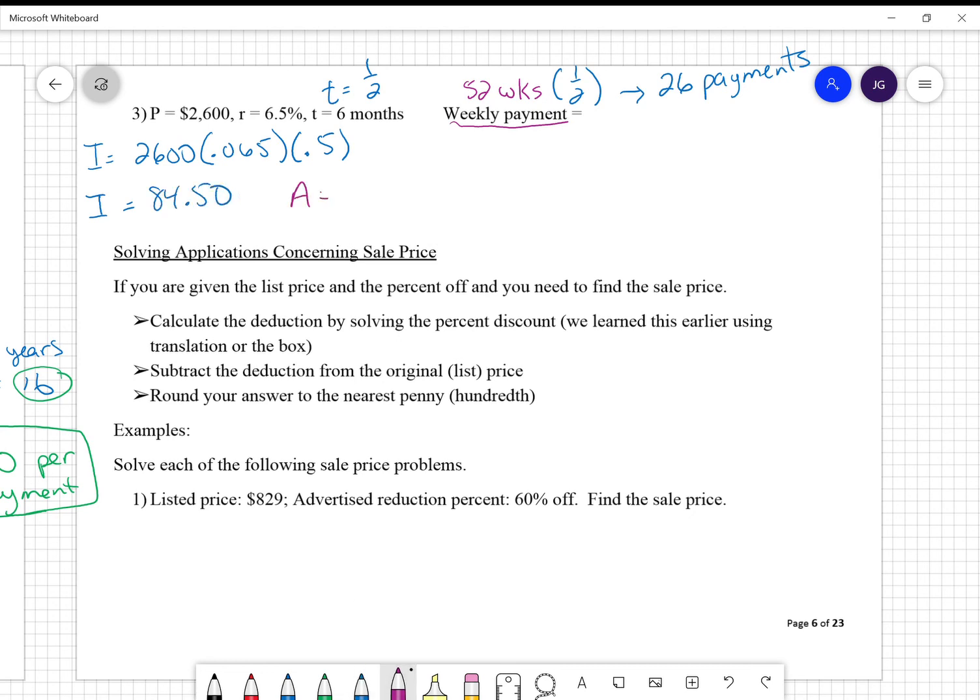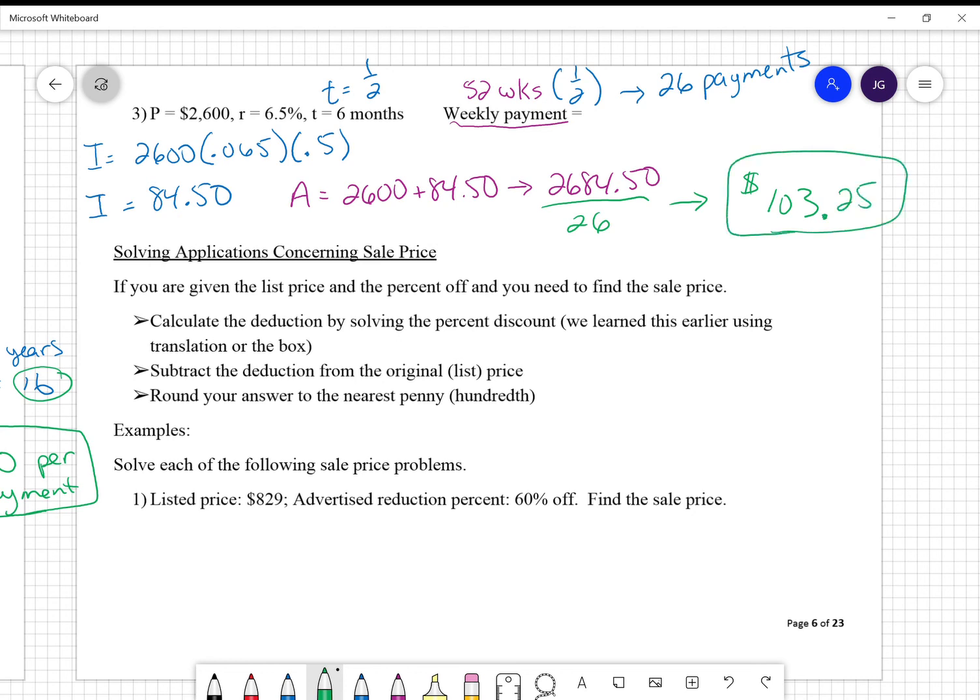So A is equal to 2,600 plus 84.50. $2,684.50, which will be divided by 26 payments. And I get $103.25 per payment. Okay, and this is where we will stop this video.